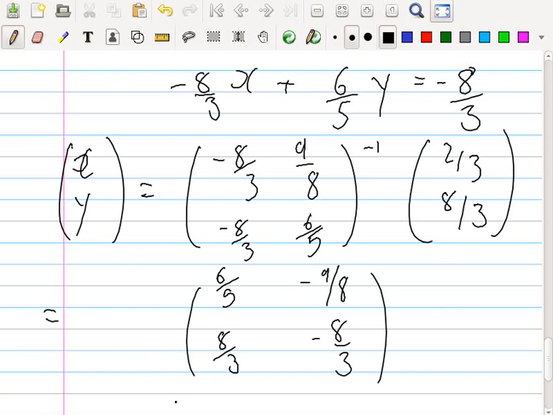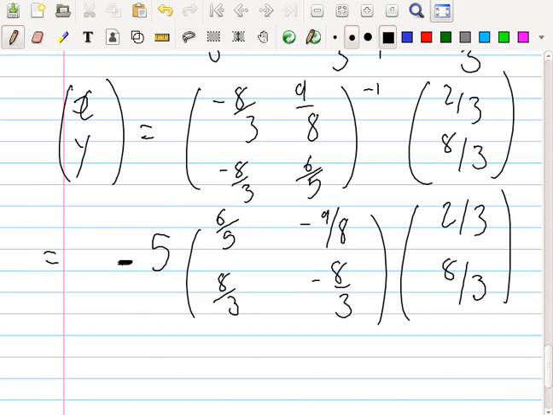Okay, so 8 over 3, 6 over 5, 9 over 8, and 8 over 3. Okay, so that gave me minus 1 over 5, but it's 1 over that. So in the front here, I'll just get minus 5. Okay.